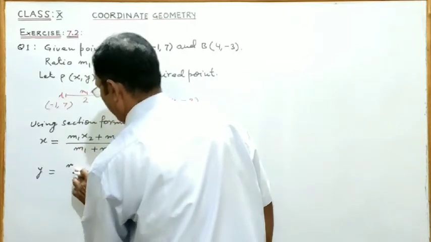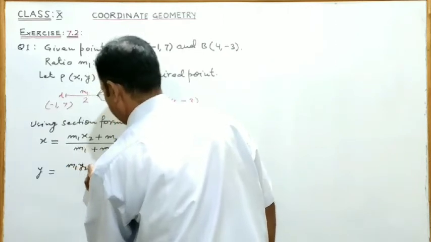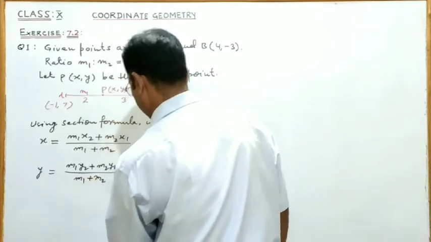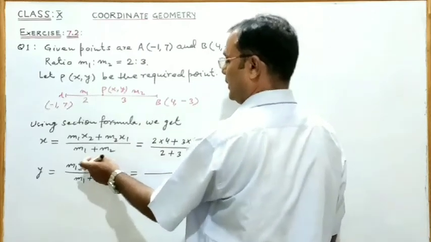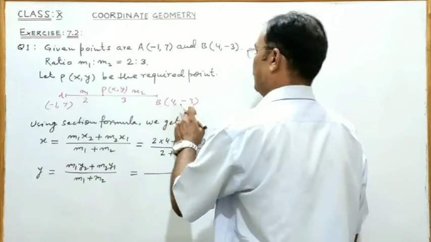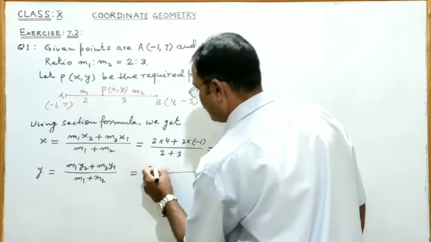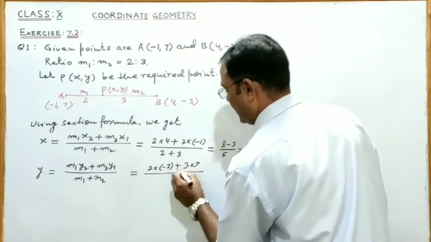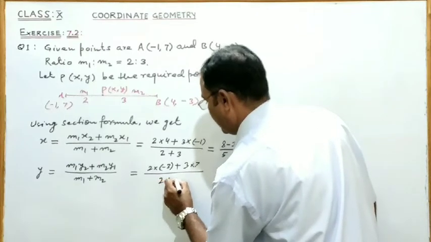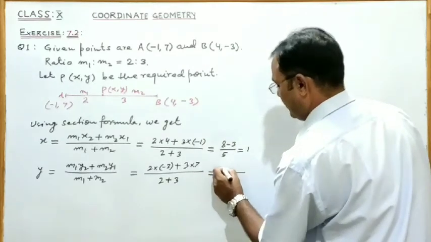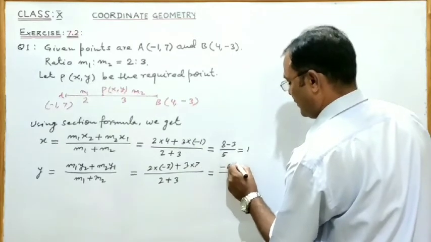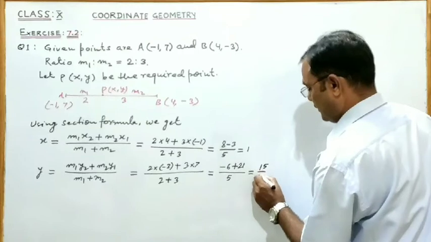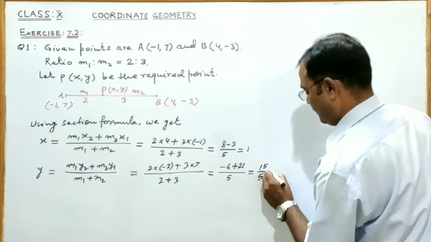m1 y2 plus m2 y1 by m1 plus m2. Let us put here the values of m1, m2 and y1, y2. m1 y2, 2 into -3, plus 3 into 7, by m1 plus m2, 2 plus 3, equal to -6 plus 21 by 5, equal to 15 by 5, equal to 3.